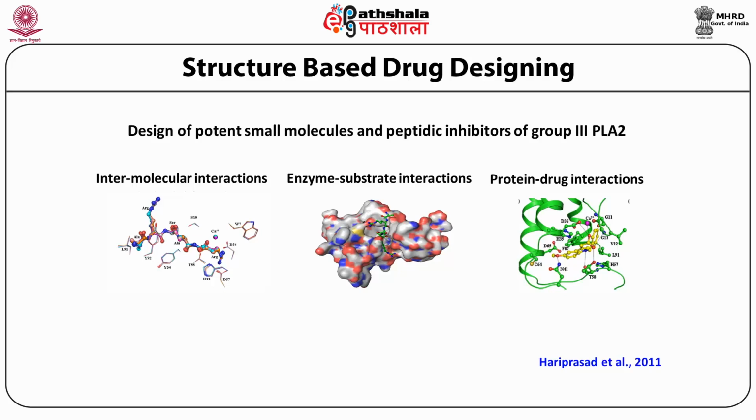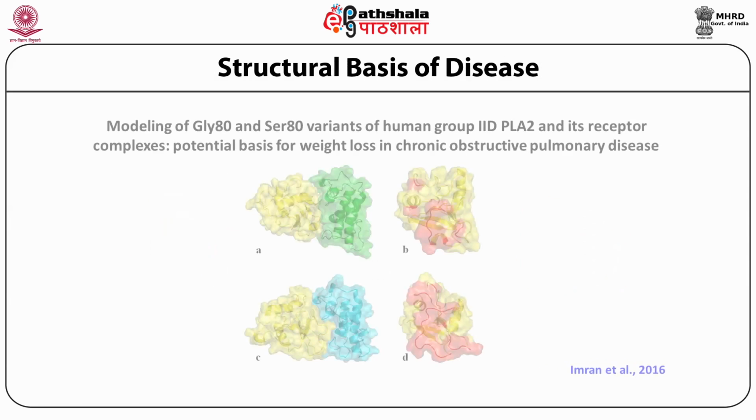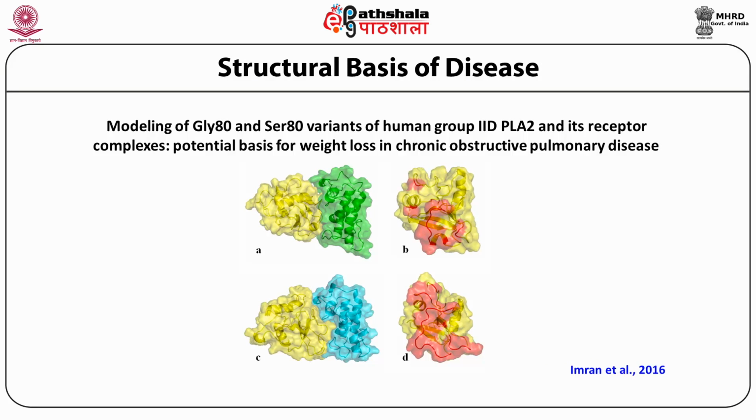The protein-drug interactions comprise all the non-covalent interactions that could possibly exist between the molecules and the amino acids. The more the number of interactions, the more the potency of that particular drug molecule against this particular target, group 3 phospholipase A2.